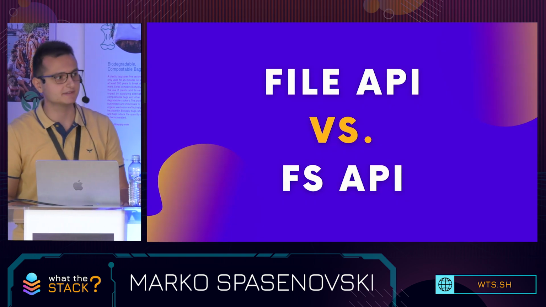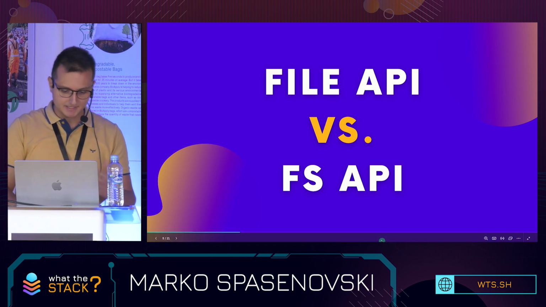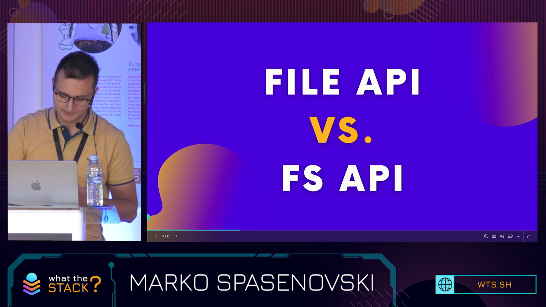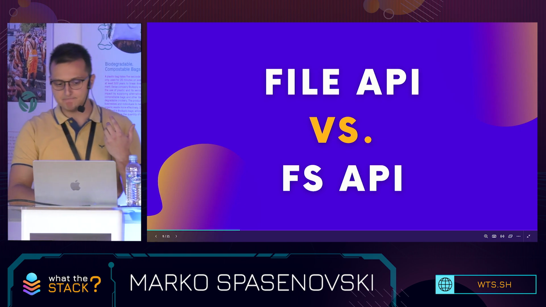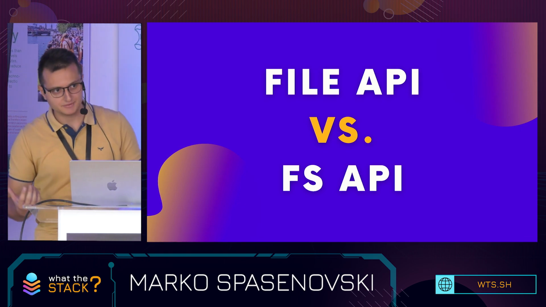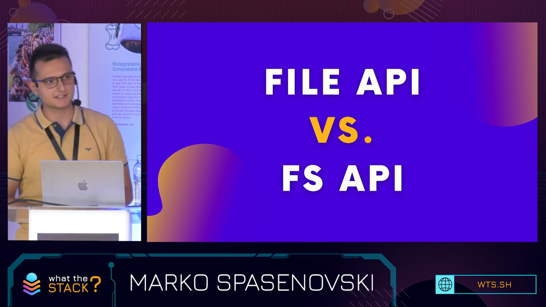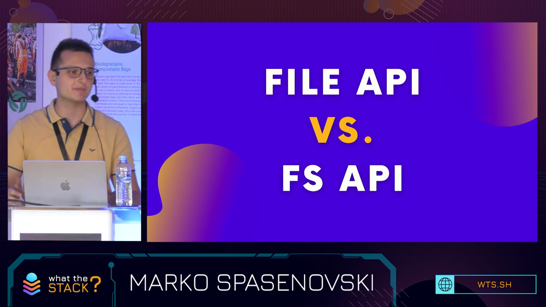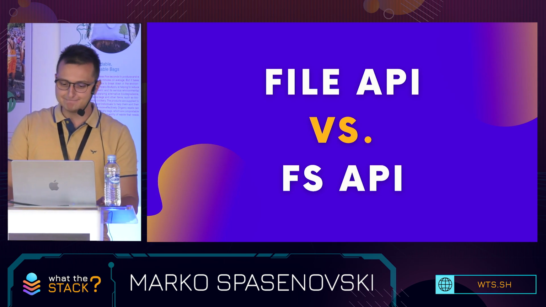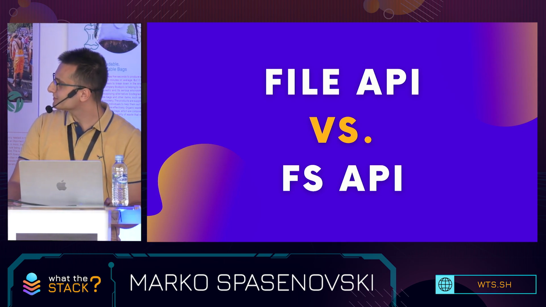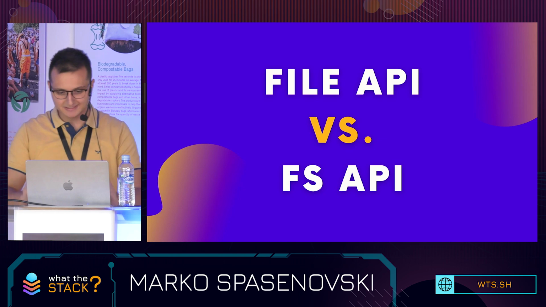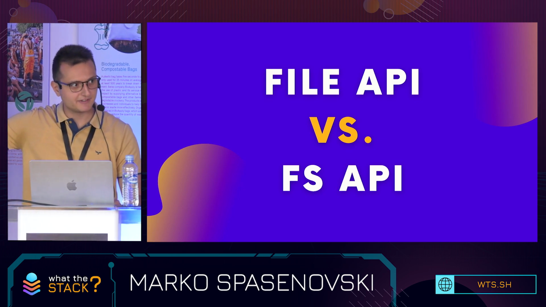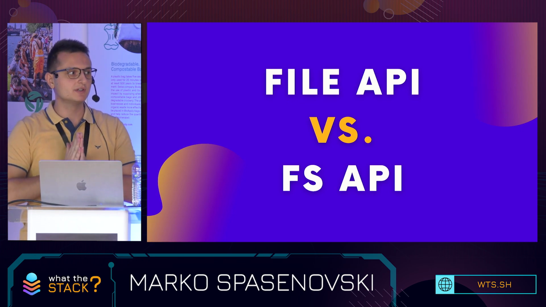I'm going to take a short time to discuss why these two are actually different, because they sound the same. We all know that developers have a hard time naming things. You spend more time trying to figure out a good name for a function, for a parameter, and stuff like that. I guess this time they chose to make them very similar. Both of them have the word file in the name, but don't confuse them. They are two separate things.